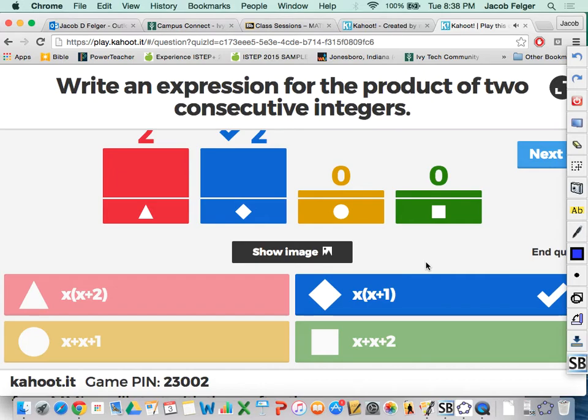Everyone's answered, and we got a split between red and blue. This would be the product of two consecutive even or two consecutive odd. Is it because it skips one? This would be consecutive because it's one after another.